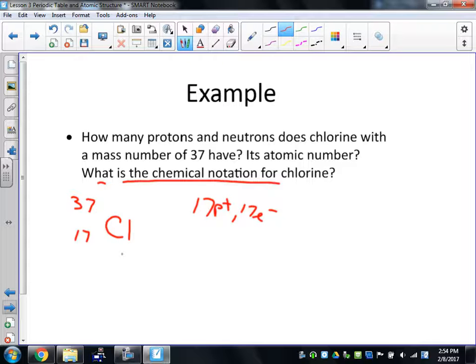And in this case, because it's got a mass of 37, that'd have to be 20 neutrons. And of course, I get that from 37, the mass, minus the atomic number, or the number of protons, which would be 20 neutrons. So mass minus atomic number, basically, is what you're doing there.